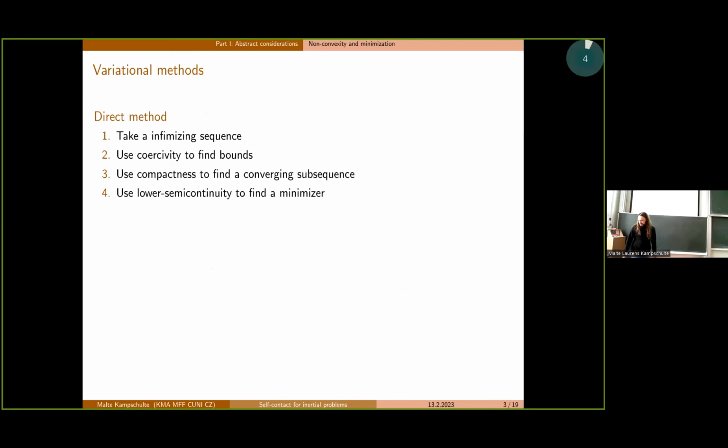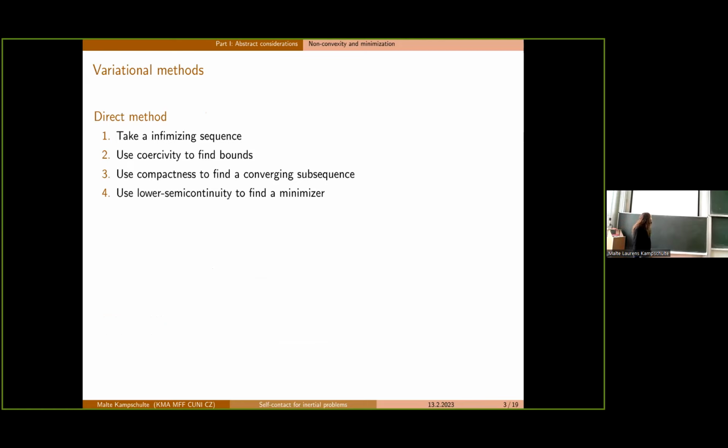So the question is, what methods are still left to get to solutions? At least for me, the answer is variational. You take your favorite direct method, take a minimizing sequence, find some bounds. If there are no bounds, you create bounds by relaxing your problem a bit.